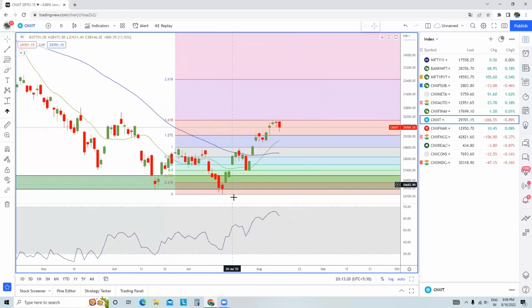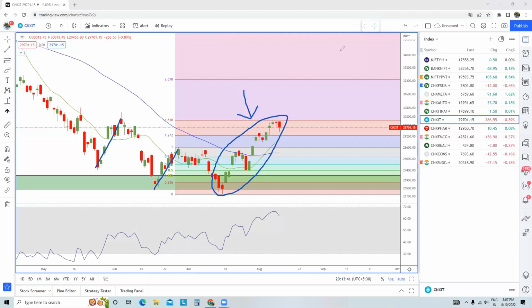And this particular pullback is the largest pullback. This is what I have shared today on Twitter also. There are 3 pullbacks which have happened in the last few months. This is the first pullback. This is the second one. And this is the third pullback. So this current third pullback is pretty much the largest.